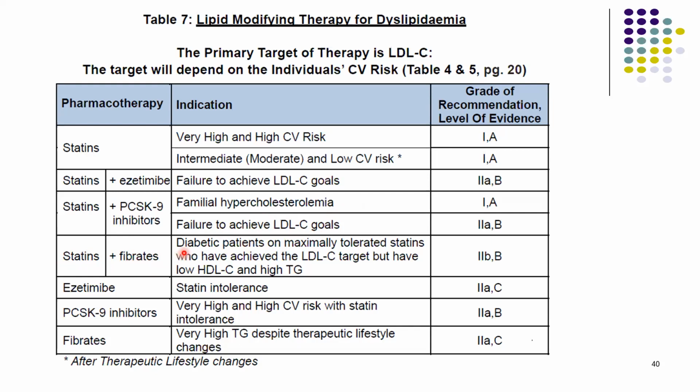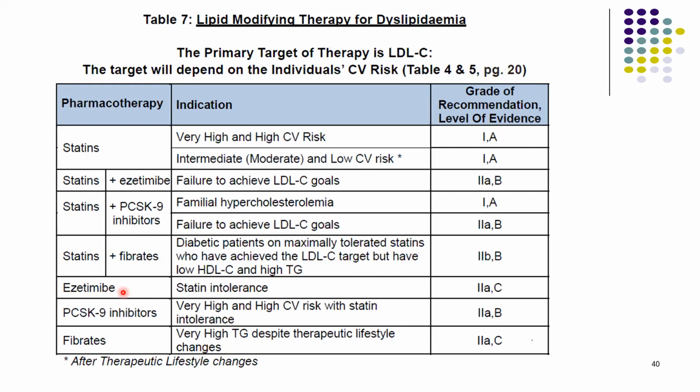Yeah, for diabetic patients on maximally tolerated statins who have achieved the LDL target but have low HDL and high TG, because fibrates is good for high TG. So we can combine, but we have to be very careful. And for those who cannot tolerate statin, for whatever reason, especially muscle pain, muscle rhabdomyolysis, we can use ezetimibe.